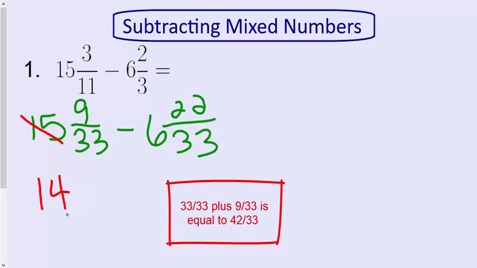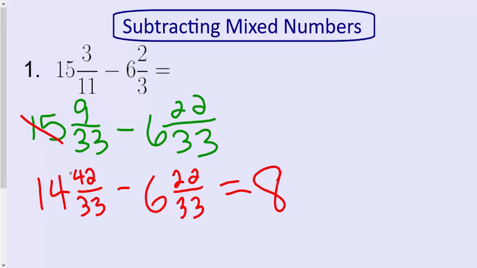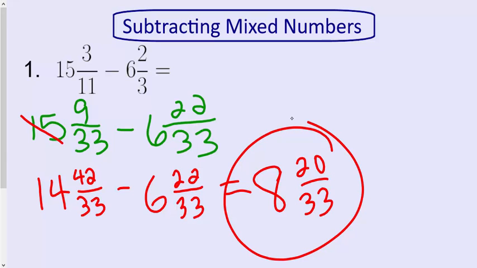I want to add that to 9/33. So that's 42/33. So 14 and 42/33 minus 6 and 22/33 is going to be equal to, well, 14 minus 6 is 8. 42 minus 22 is 20. We get the same answer no matter which way we choose, 8 and 20/33. And that's how we subtract mixed numbers.